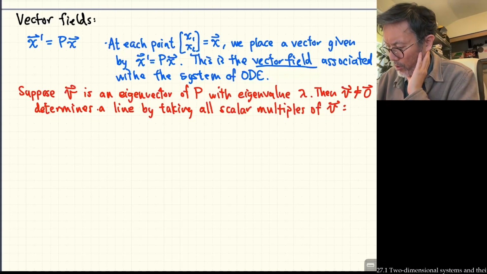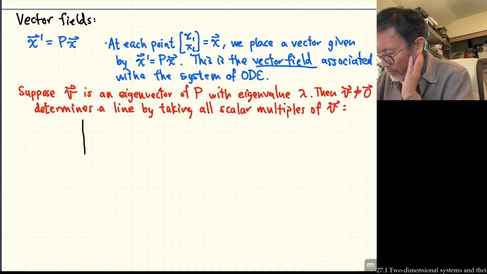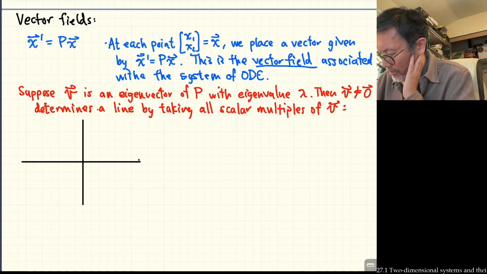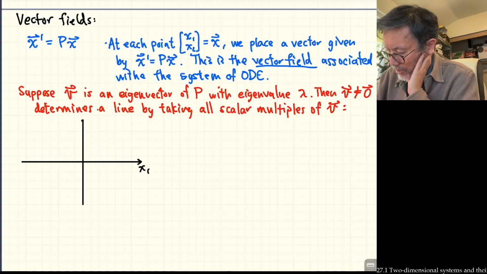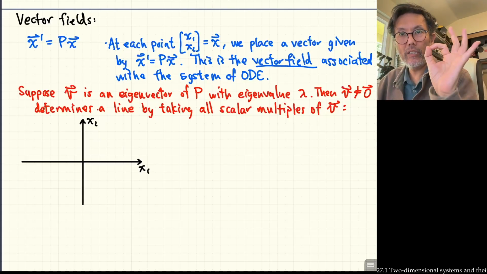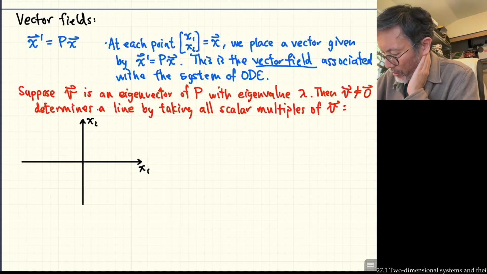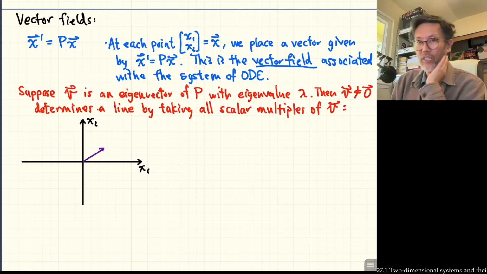So what am I talking about? Let's say that we have here the x1 axis and the x2 axis. And let's say we have an eigenvector, non-zero. Maybe it points in that direction for now.